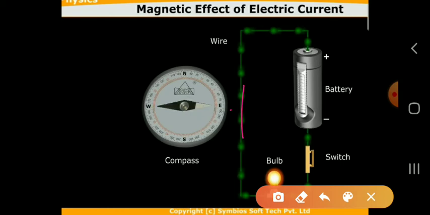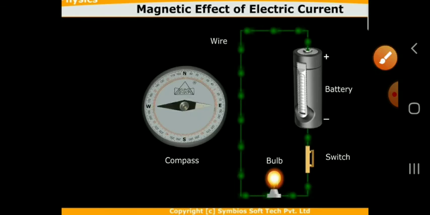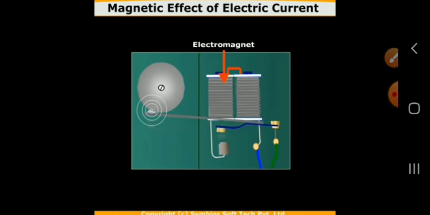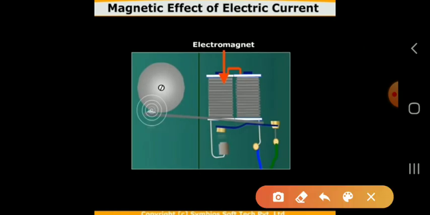As the current flows, there will be deflection in the needle of the compass. Here this is the electromagnet, so we will see how the electromagnetic current is there.